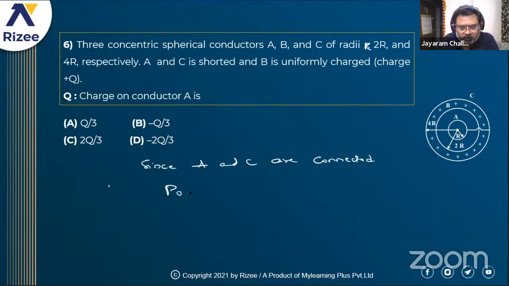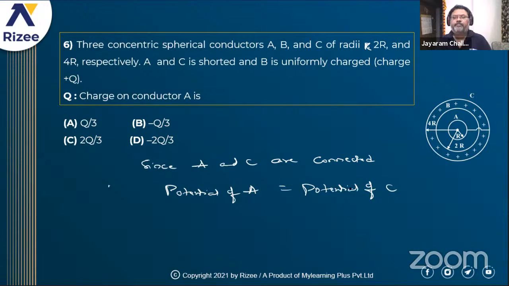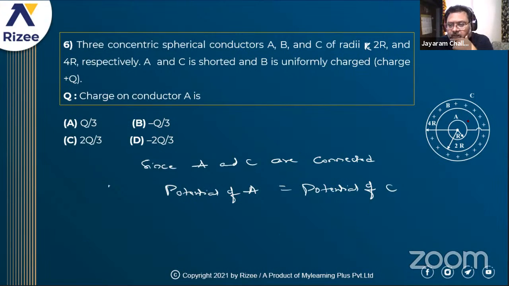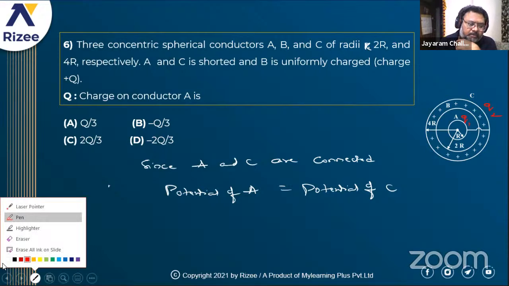The potential of A should be equal to the potential of C. Since he has given a charge of plus Q to B, what sort of charges appear? Let us consider the charge on this one is going to be Q1 and the charge on this one is going to be Q2. So let me write that particular information.